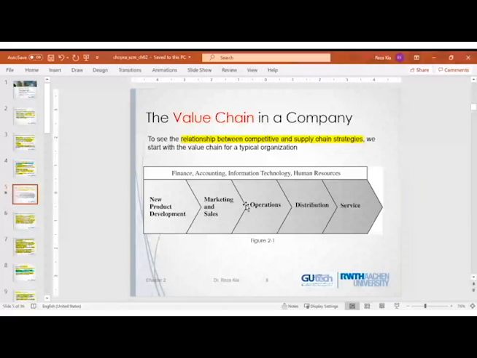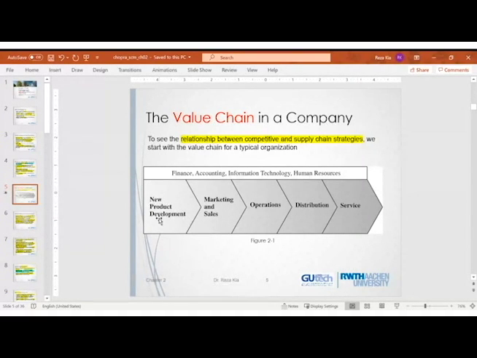Here we have the concept of a value chain in a company, in a supply chain. All this operation and strategy, including product development strategy, marketing and sales strategy, operations strategy, distribution strategy, and after-sale service strategy, brings value to your supply chain.